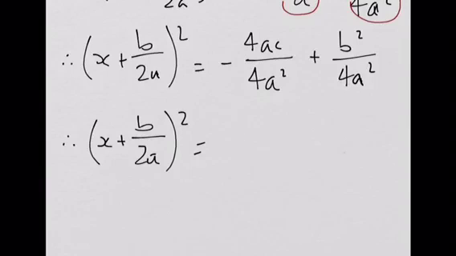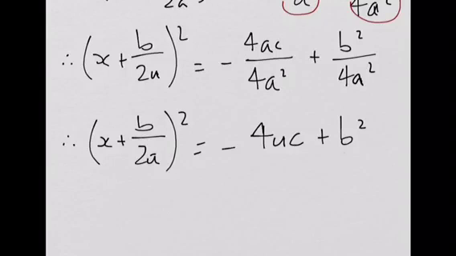We can go negative 4ac plus b squared, all on 4a squared.